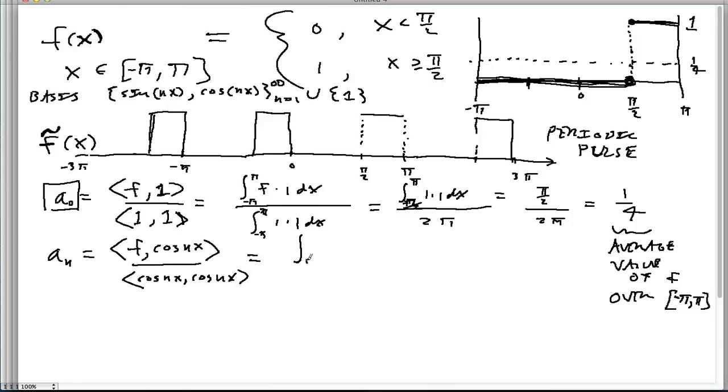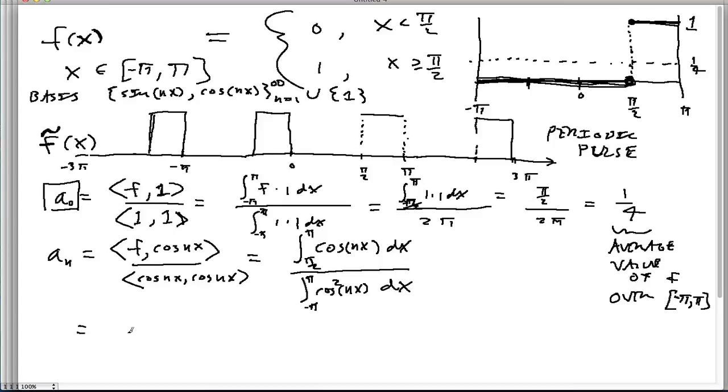Okay, so let's write this down. This is going to be, again, the integral from pi over 2 to pi, because over that interval the function value is 1, of cosine nx dx. And the bottom integral is going to be the integral from negative pi to pi of cosine nx squared dx.